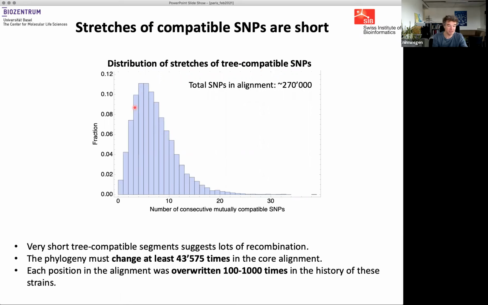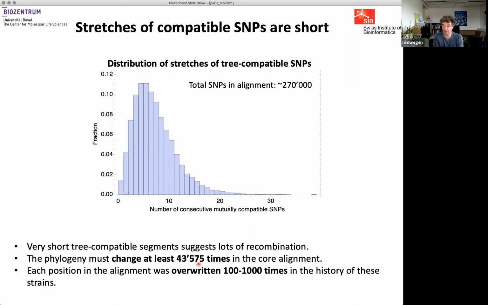Typically within 4 to 8 SNPs, you will find a clash. From that, we can show that the phylogeny must change more than 43,000 times along the alignment. This is only a lower bound, because it's quite possible that many times you have a phylogeny change that simply doesn't lead to a clash in SNPs.